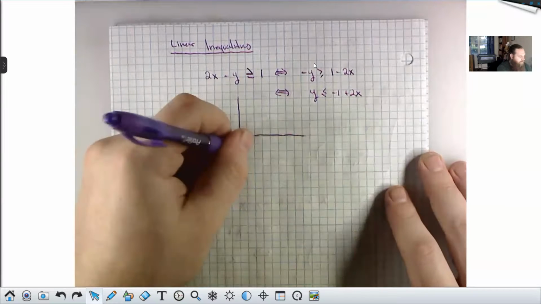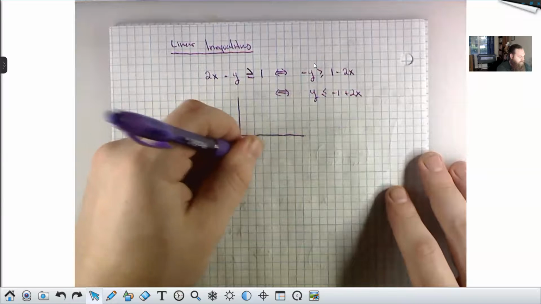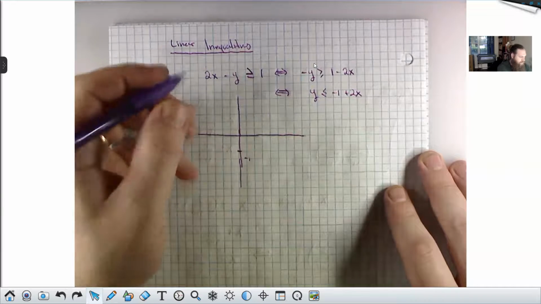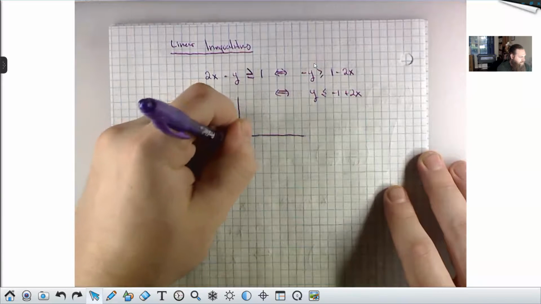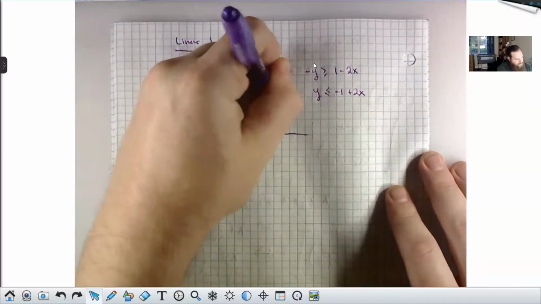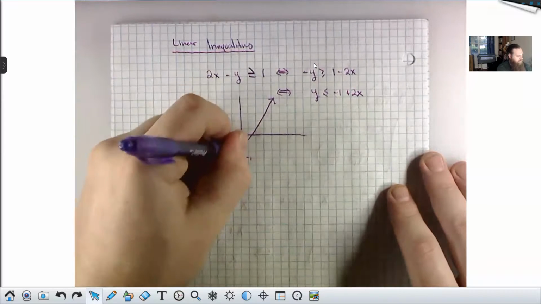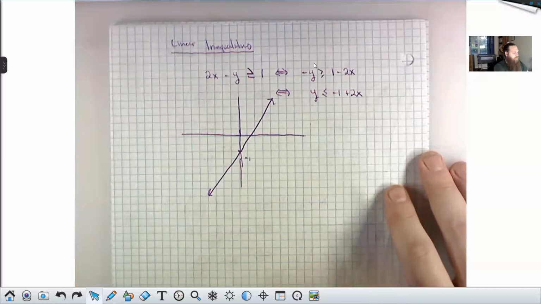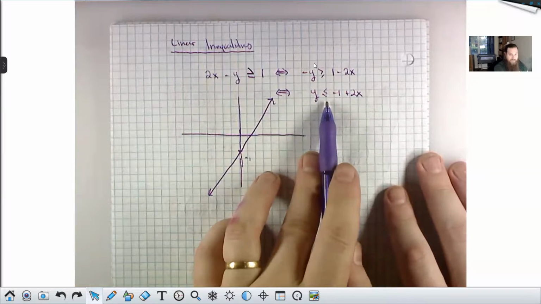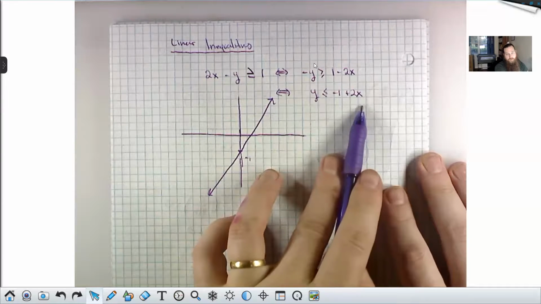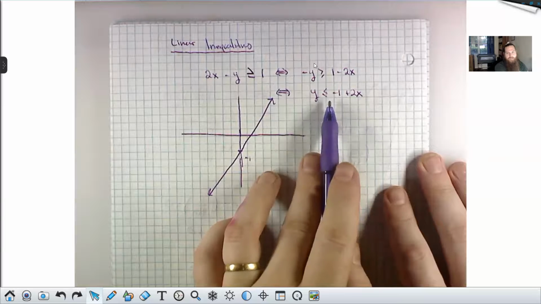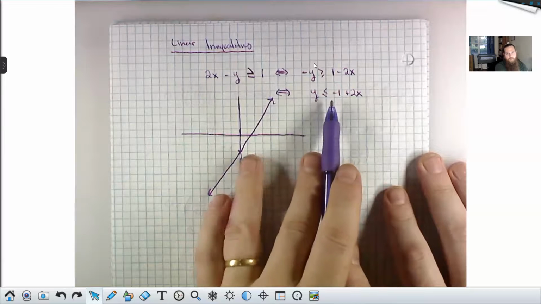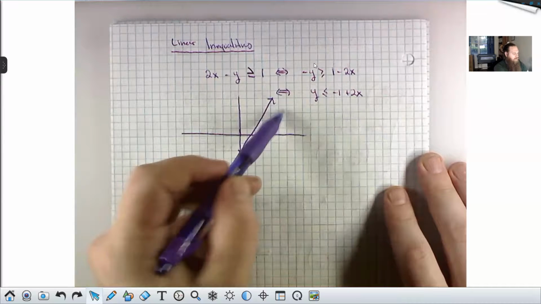So that's a line with y-intercept -1, slope 2. It's going to look like this. Now we've got y is less than or equal to this thing. So the less than or equal to tells me I want everything below or on that line.